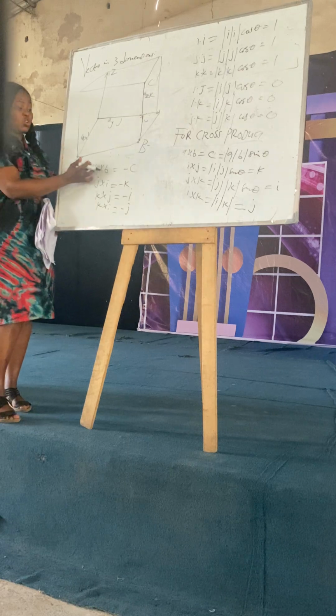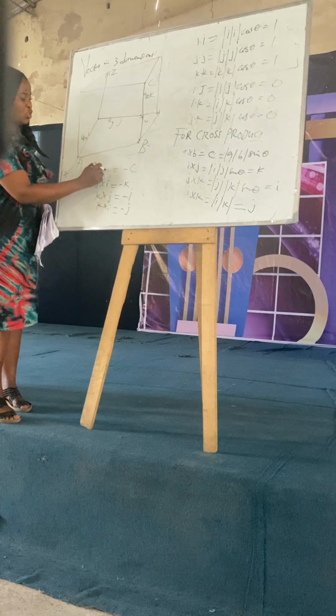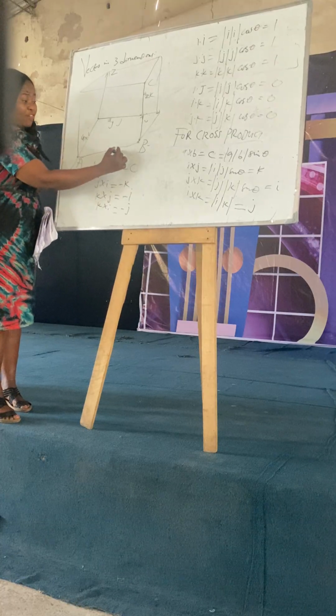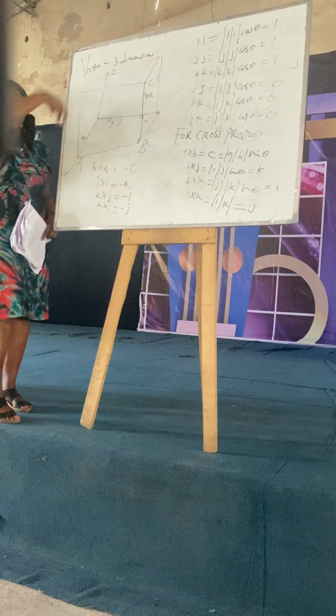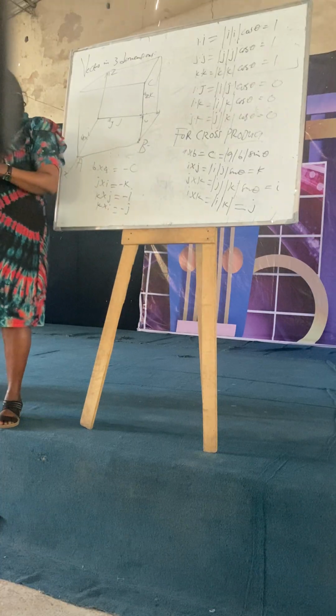Anything you give me, B cross A, you know what I mean by that. When I used that formula, 360 minus, you get a negative value of this. It is also applicable to these properties of these vectors.